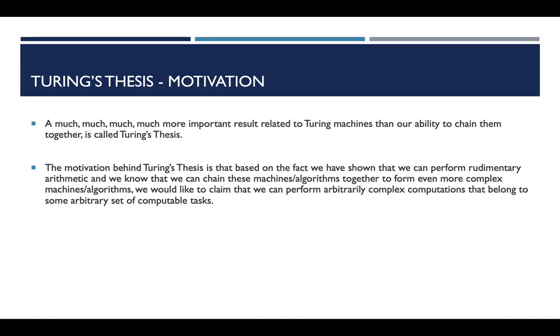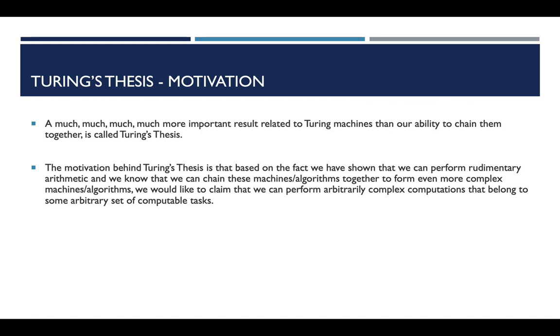So the motivation behind this is that you're very tempted after you find that Turing machines can do something like arithmetic, and Turing machines can be composed to do even more complicated things. You're led to believe that maybe Turing machines can do arbitrarily complex things.